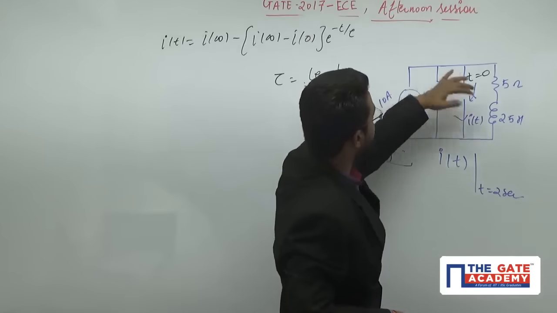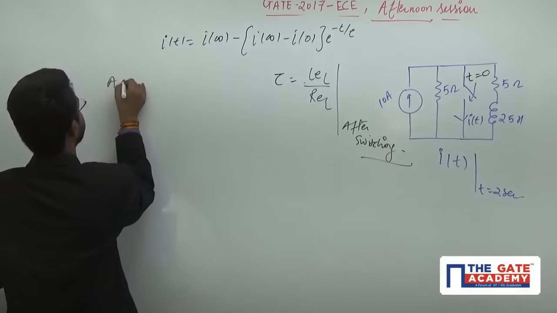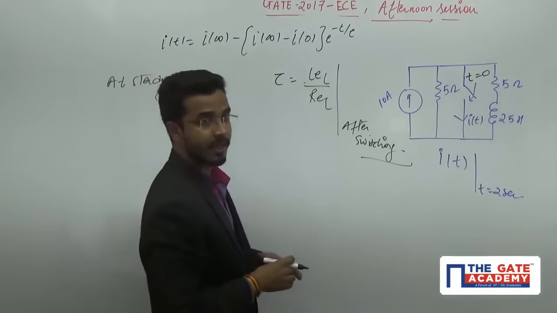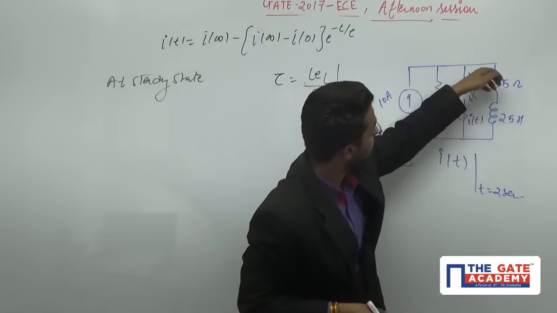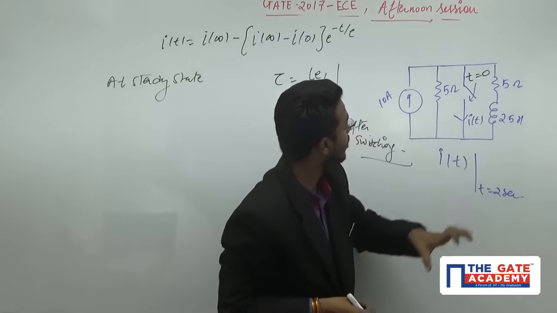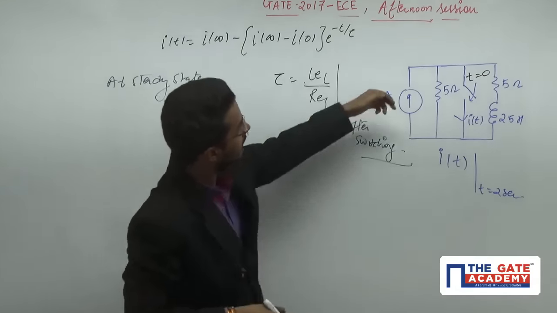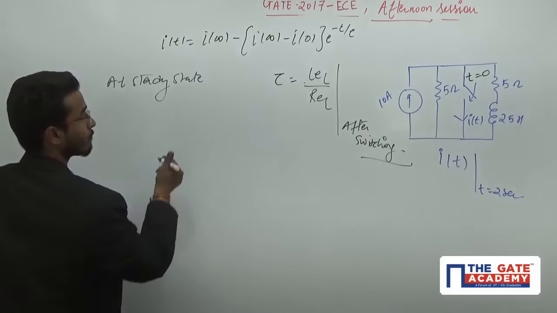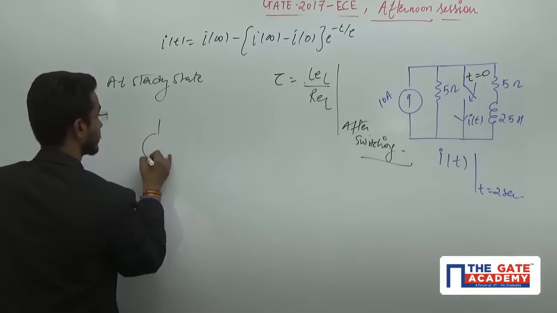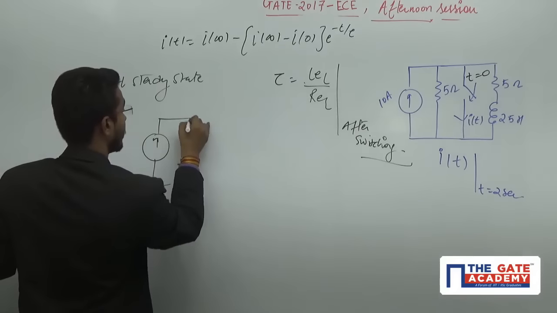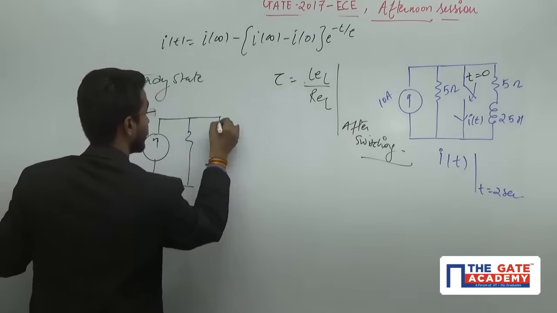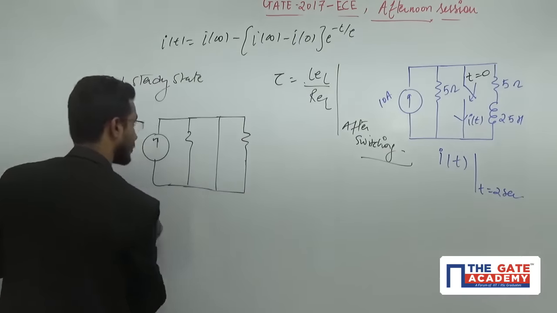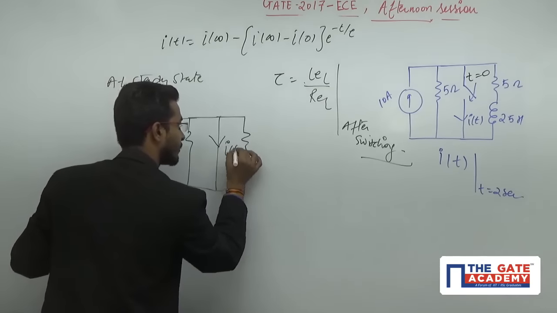At steady state, what will happen here? At steady state, this inductor will achieve its steady state and act as a short circuit at t tends to infinity, and at t equals 0 you are closing the switch. That means you will get the short circuit here and your circuit will look like this. 10 ampere, 5, then again you will get short, but you are interested in this current I of t.